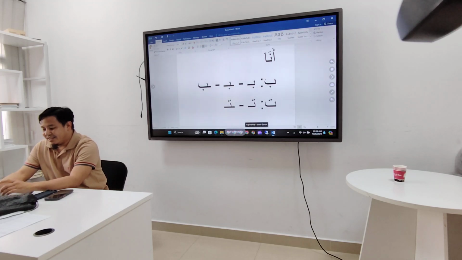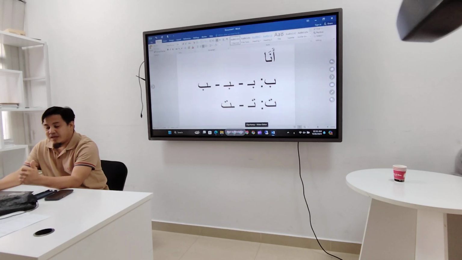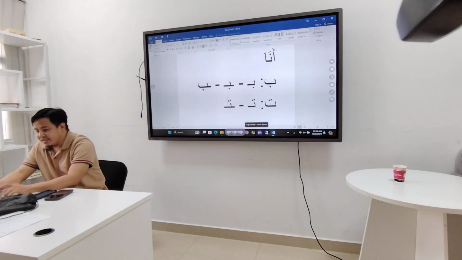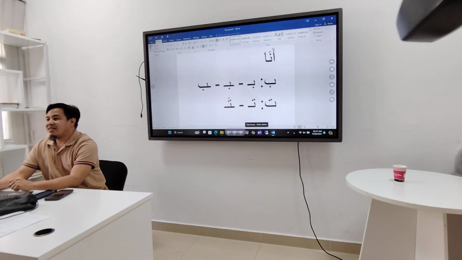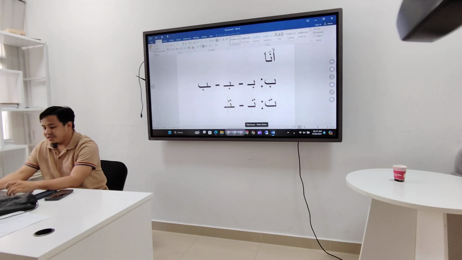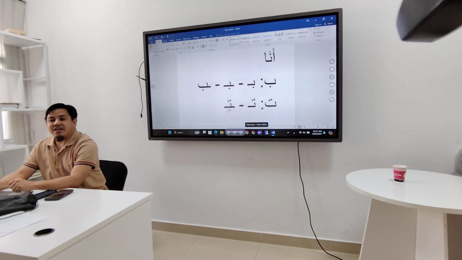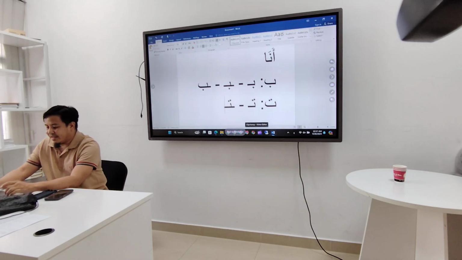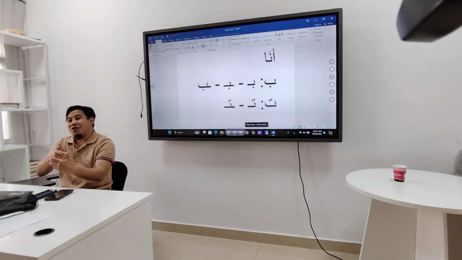Then kasra, I, T, because I put the connector. So ta, fatha, a, ta. Delete. Then kasra, ta, kasra, I, T. Then ta, dhamma, U, Tu. The fatha was there before because I placed it in the place of the connector.